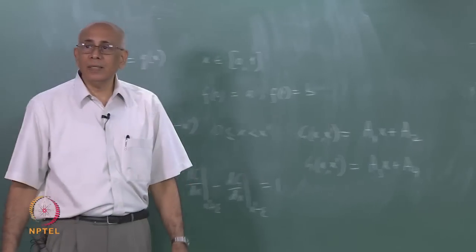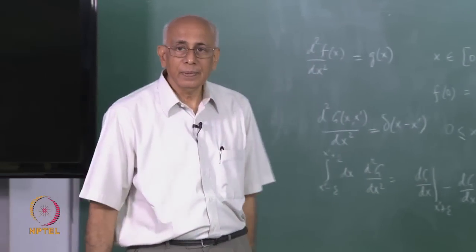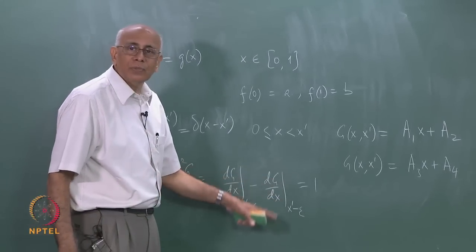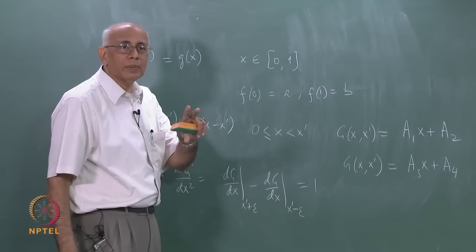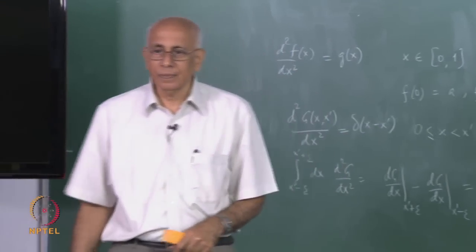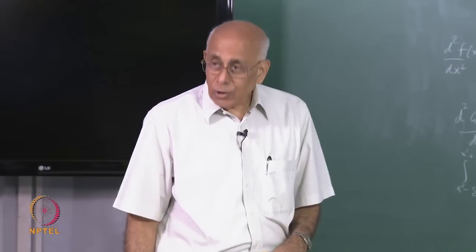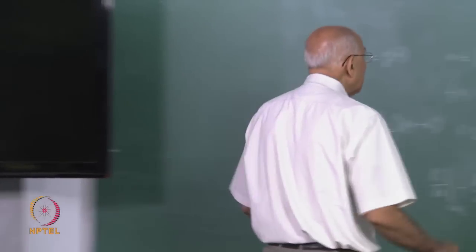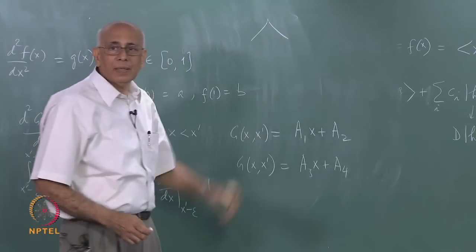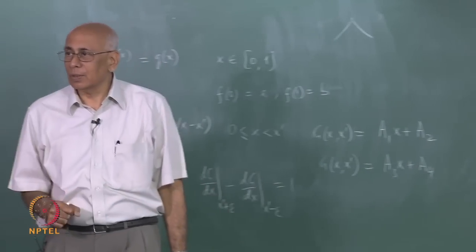And what is the last condition of all? This says that the derivative of g has a finite jump. So what does g itself have to have? It has to be a cusp, because it has to be something like this: the slopes are different and there is a finite difference between the two slopes.